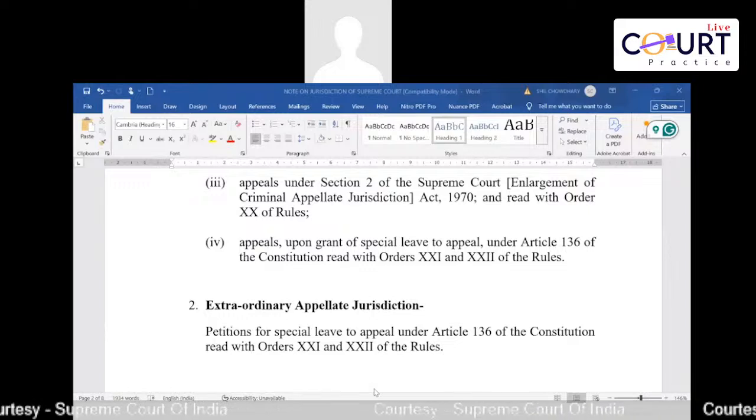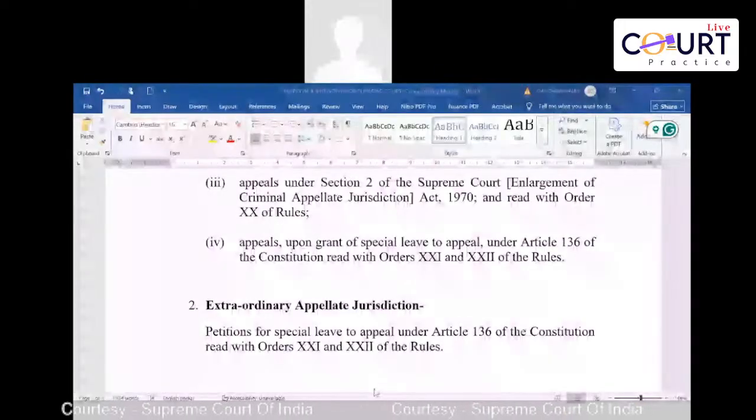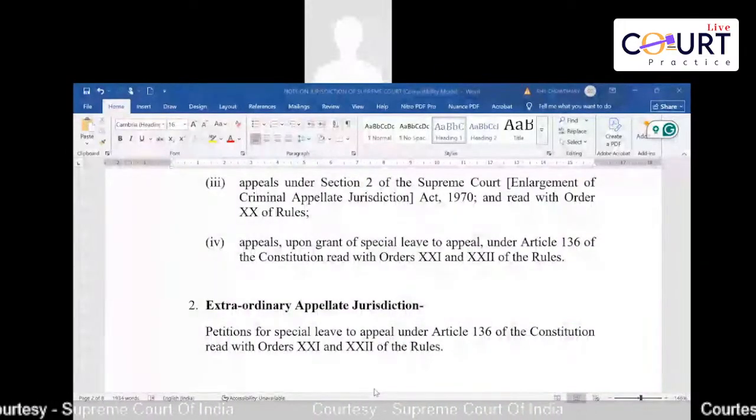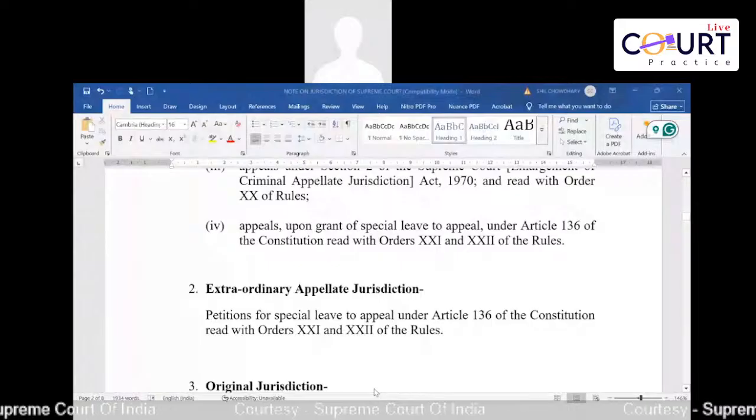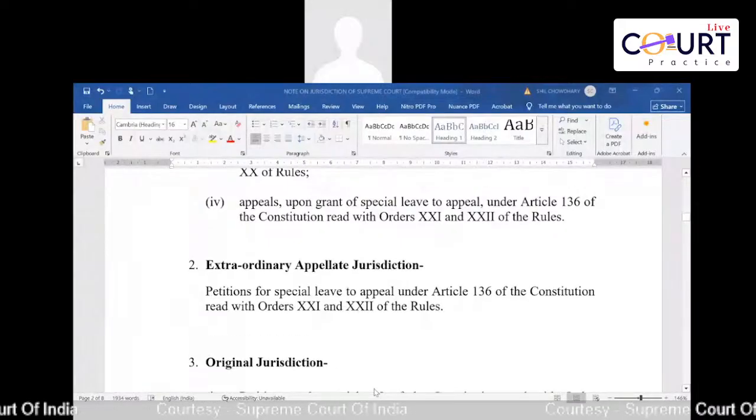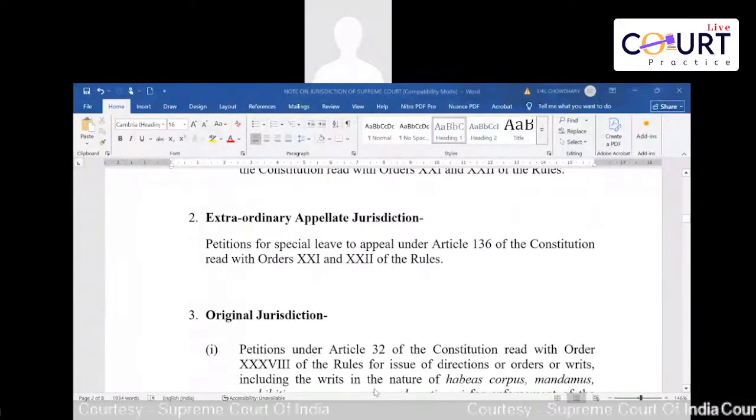However, there is an exception which you will notice in sub-article 2 of Article 136. I suggest you go through it so you are aware in which case an SLP cannot be filed under Article 136 of the Constitution.